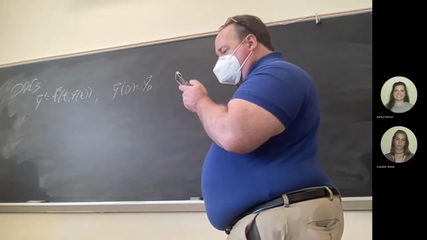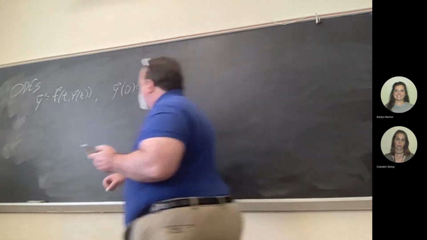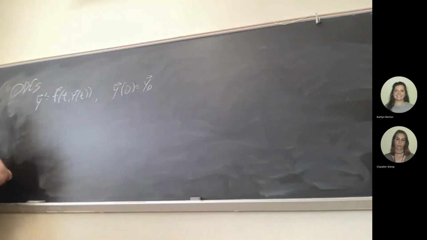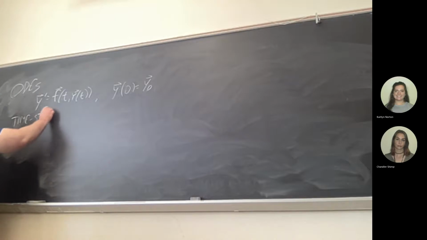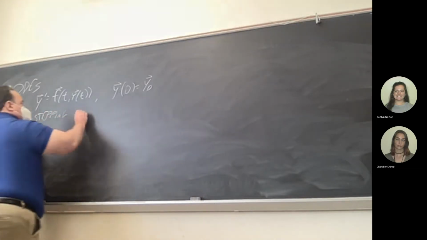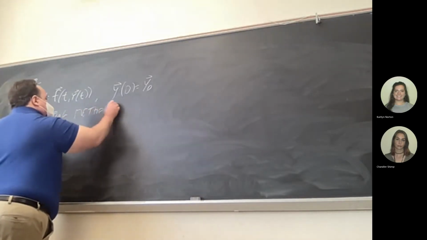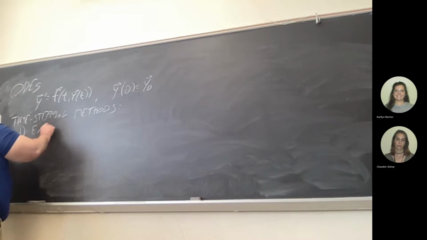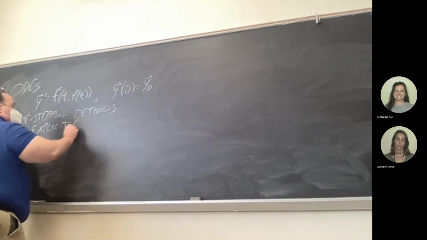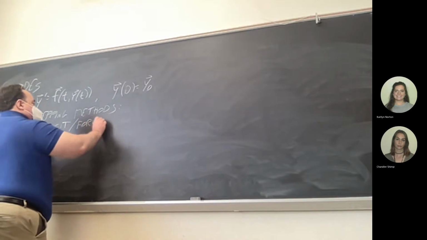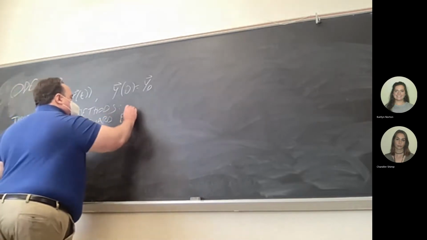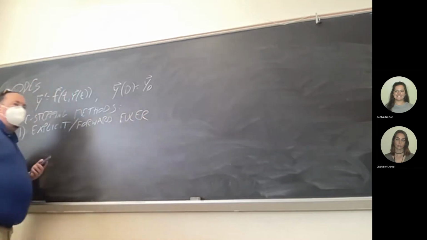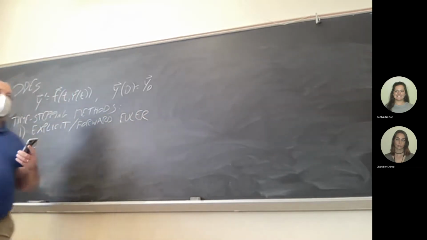So I'll show some simple time-stepping methods, and we'll get to more elaborate ones next week. So first we have explicit, also known as forward, Euler's method. Euler, not Euler.